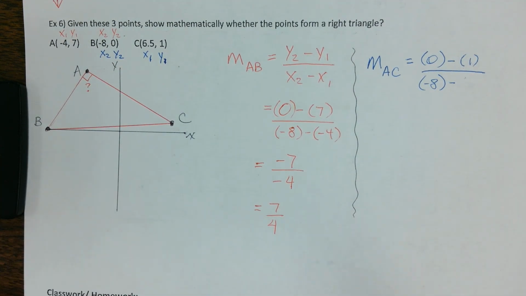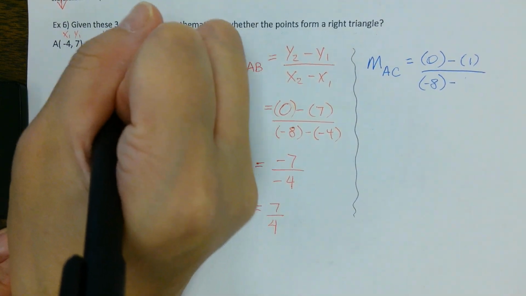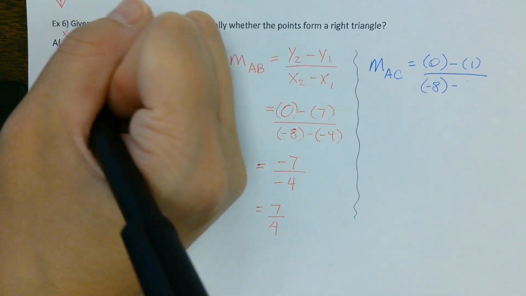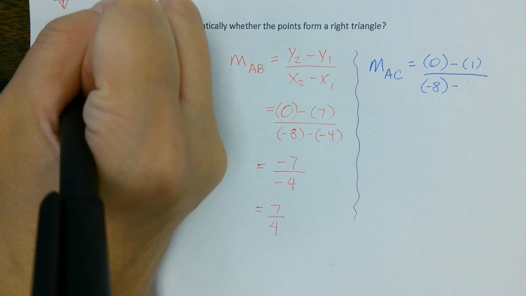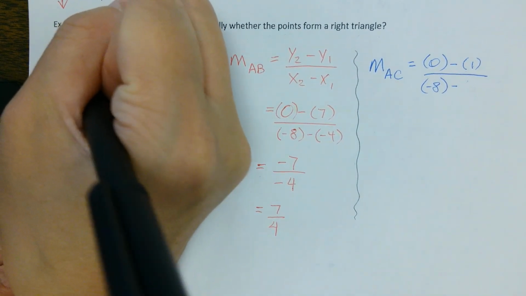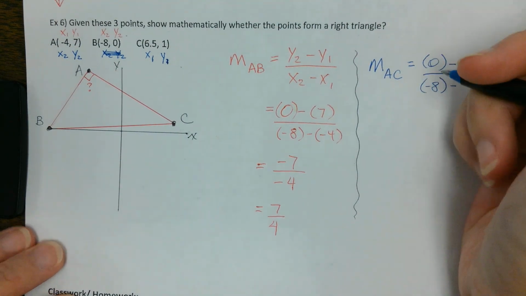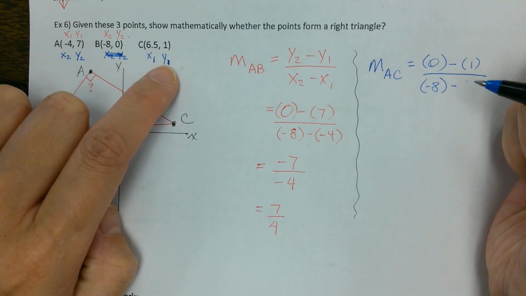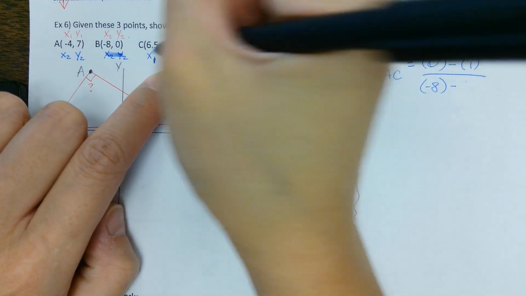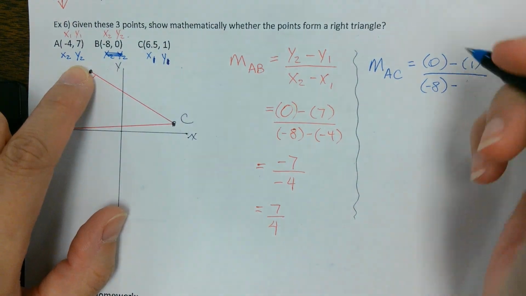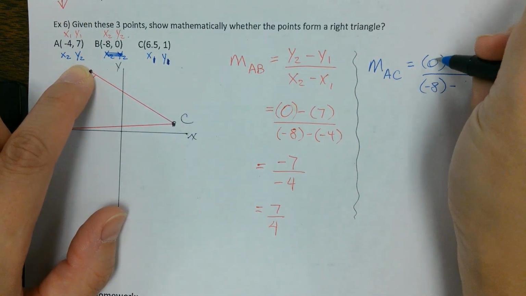Oh, why am I doing B? Good question. Thank you, sorry. That's 1, so y1 should be 7.